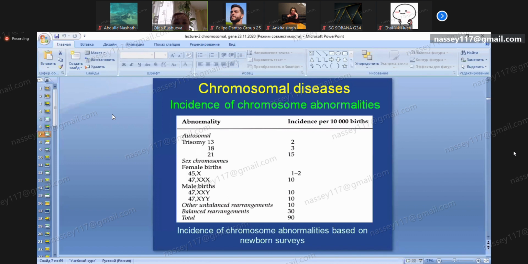Also balanced translocations, also different abnormalities of sex chromosomes we can see in newborns, like trisomy X and Klinefelter syndrome, which is characterized by the presence of one Y chromosome and two X chromosomes, and a syndrome characterized by the presence of two Y chromosomes in male.